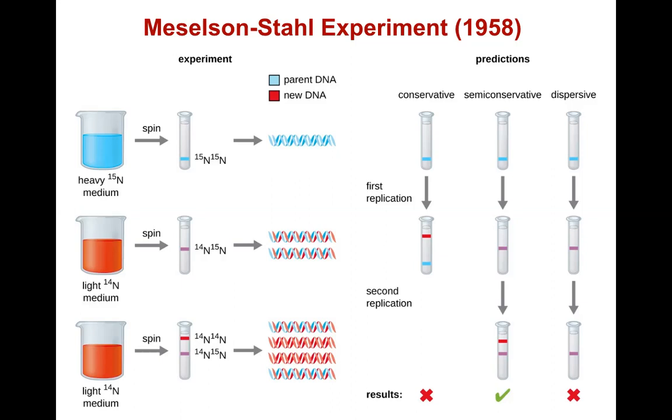All right. What they then did was they put it into a centrifuge and spun it down, and they took a look at where these new strands of DNA would position themselves. Would it fall all the way to the bottom? Now, if all of them always fall all the way to the bottom, that means all of the new strands of DNA would be much, much heavier.